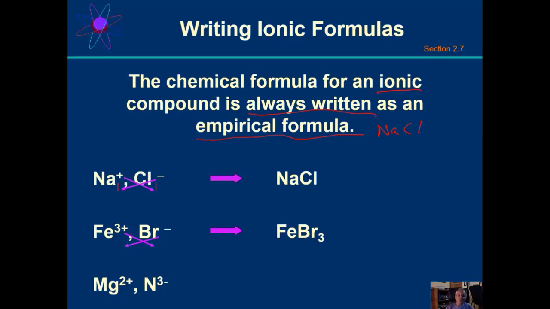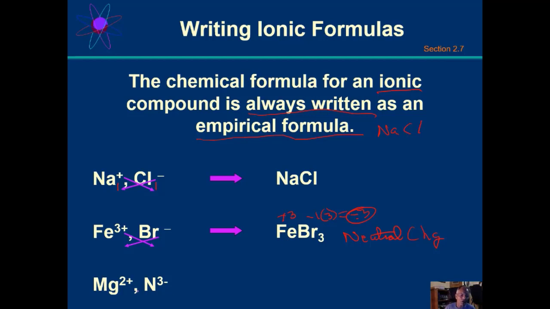So you can just imagine that up here I could say, yeah, that's 3 plus, this is a -1, but I'm multiplying it times 3 to get a total negative charge of -3. The -3 and the +3, they neutralize each other so that this is a neutrally charged compound. No charge. It's neutral. So the number of negative charges have to balance the number of positive charges. All right?